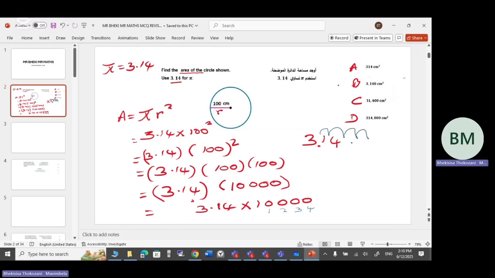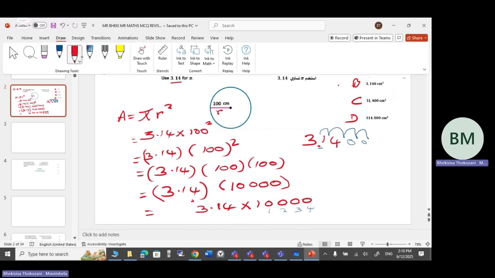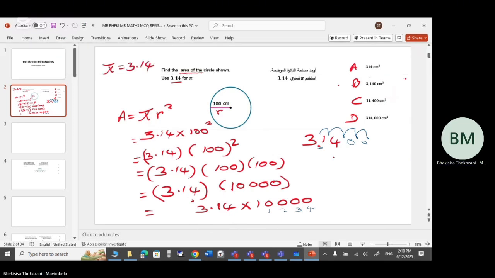Now, where there are no numbers, what we need to do is put zeros. So I'm going to put 0 here, and 0 there. Now my comma is no longer here, it's right there. Which means my answer will be 31,400.